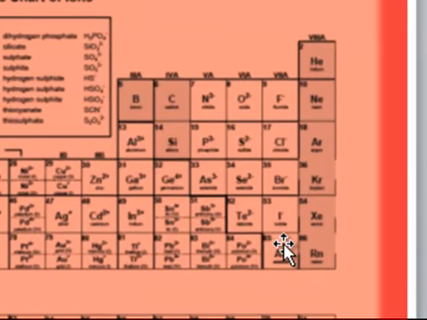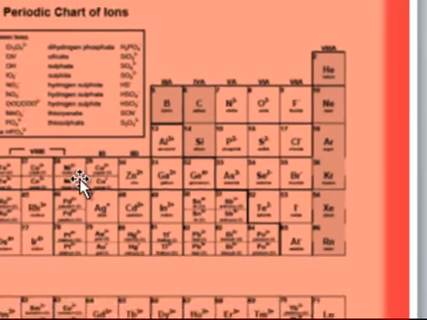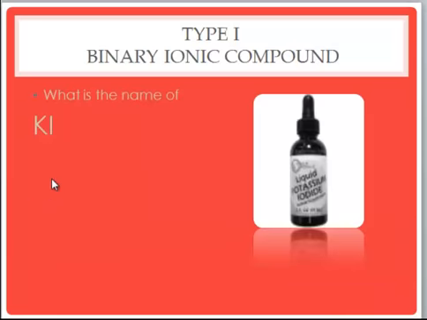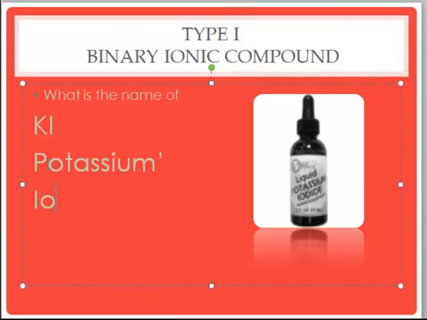It's called iodide. It's I-1. So let's name it. This becomes potassium iodide. Potassium iodide is the name of this compound. Okay, let's try another one.